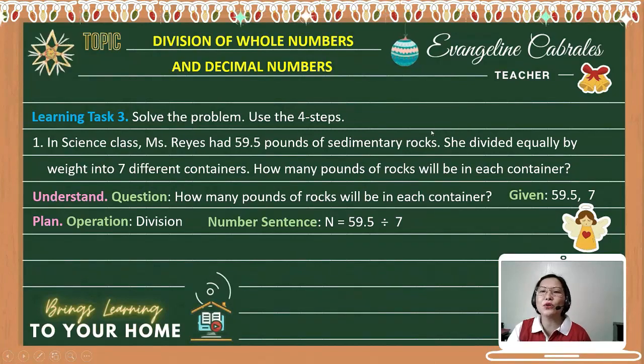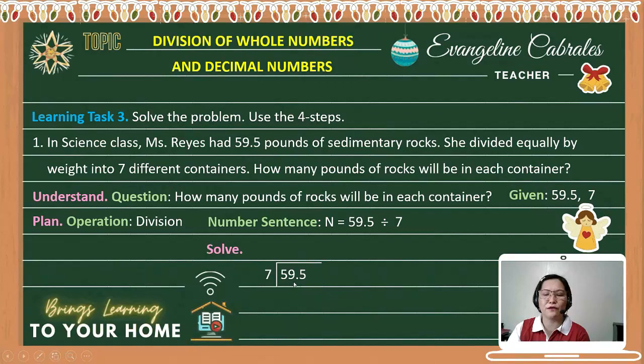At saka ito yung clue, she divided equally. So, hinati daw yung 59 and 5/10 ng pantay-pantay sa 7 different containers. Okay? So, yon ang clue ha, para malaman kung alin ang dividend at kung alin ang quotient kapag nasa problem na ang inyong pagsosolve. The next part is solve.